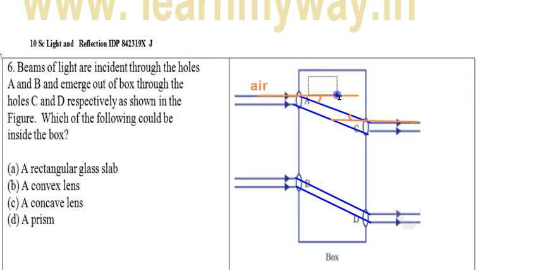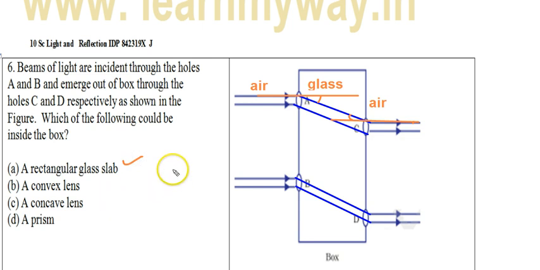So if you see here, these two rays are going to be parallel after refraction, as shown over here also. So inside it has to be a rectangular glass slab. So the correct option which we will go for is rectangular glass slab.